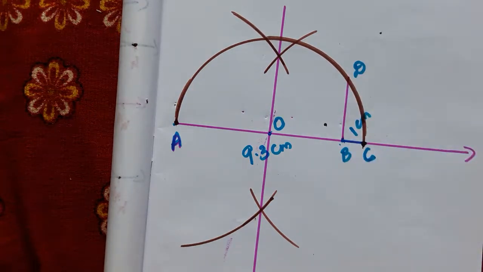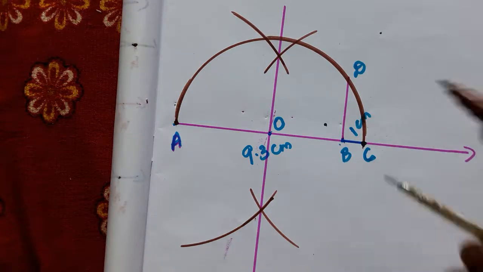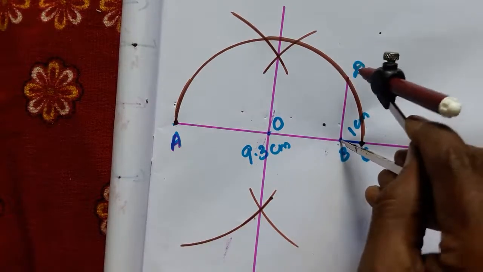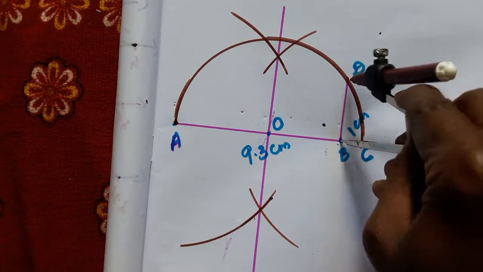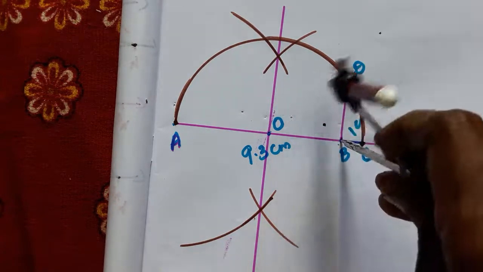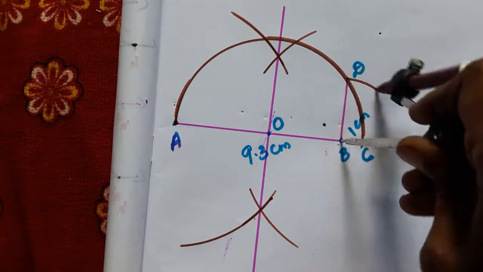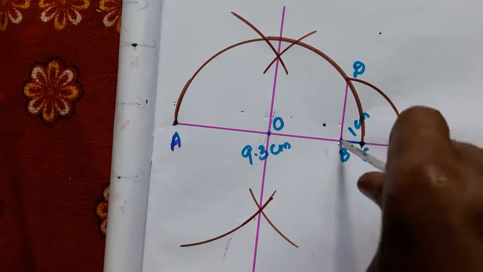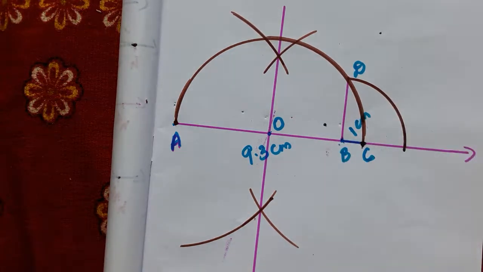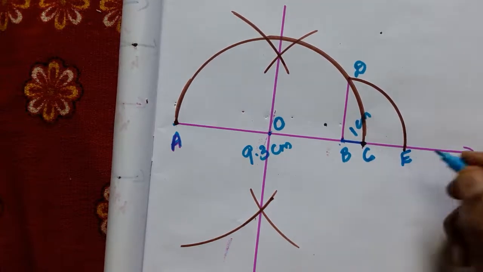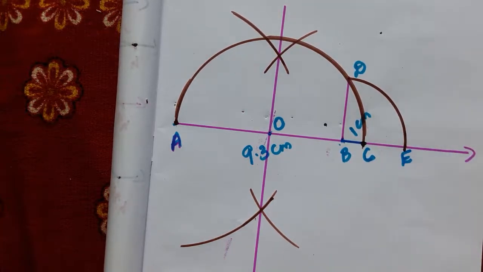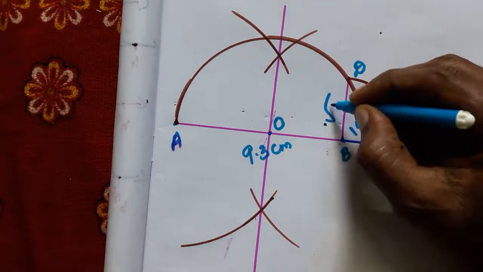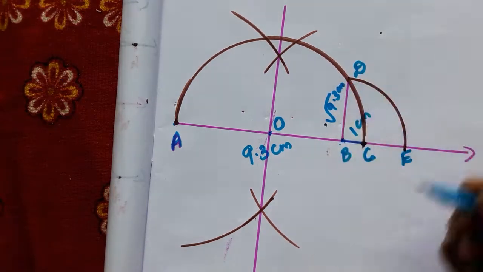Now you have to take a compass and with B as center, keep the sharp end at B and the pencil end at D. BD as radius, B as center. Draw an arc like this. This arc and the straight line meeting point you have to mark E. Now this BD is equal to root 9.3 centimeter.